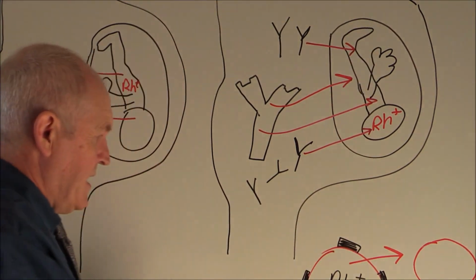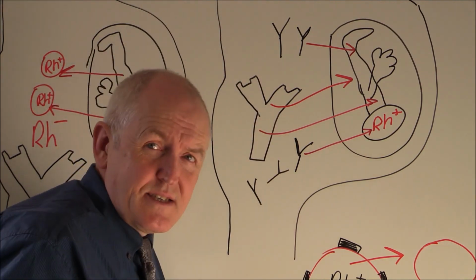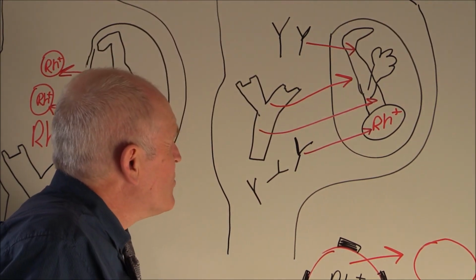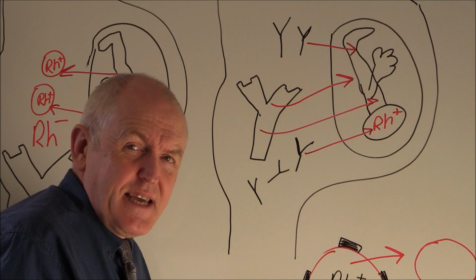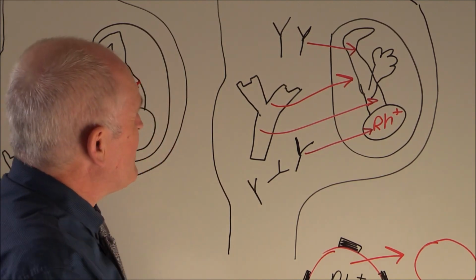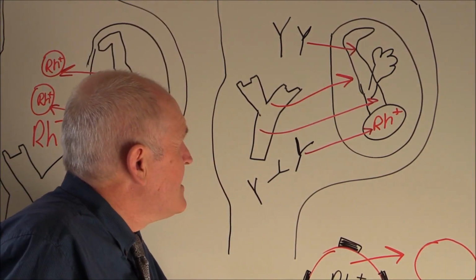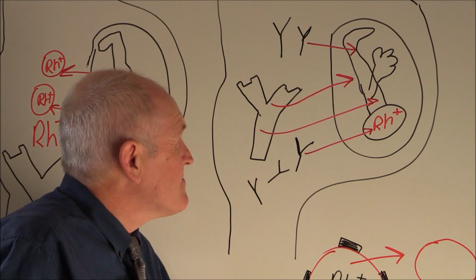And what will happen here is that these rhesus factor antibodies will start to agglutinate and hemolyse the fetal red cells. So the baby will develop hemolysis. Now, what does this mean?